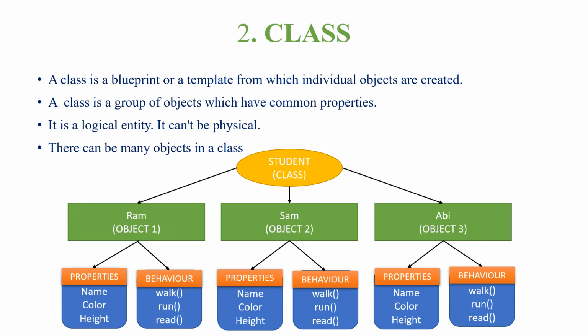Let me take 3 students in the class named Ram, Sam and Abhi, which are nothing but objects. So here student is a class and these 3 names inside the class, that is Ram, Sam and Abhi, are the objects. Each object will have different properties and behavior. As I said earlier, properties are nothing but the features and behavior is nothing but the performance or the task.